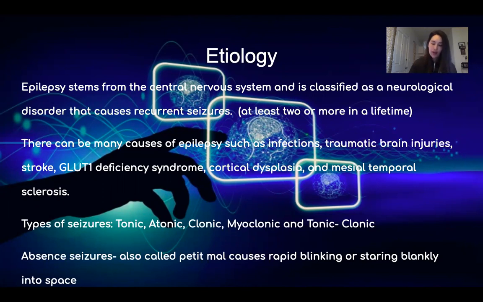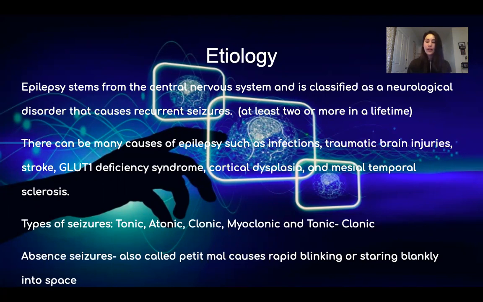The developing brain cells are not going to the correct area, so they're not developing in the correct way, and this can cause epilepsy for a child. And then there's mesial temporal sclerosis, which is in the temporal area, on the hippocampus. This is scarring of this area, and this can also cause epileptic attacks.